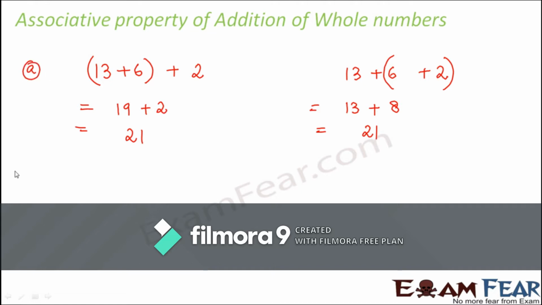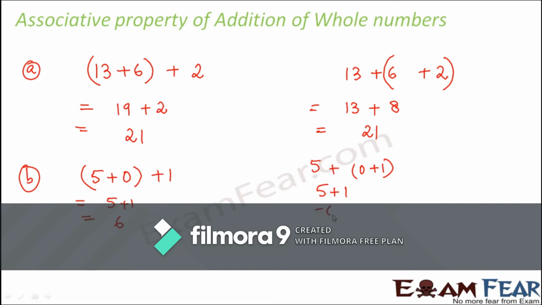Now, let us take one more example to verify this fact. Let's say we consider three numbers 5, 0 and 1. So the result here would be 5 plus 1, which is equal to 6. Now, if the same thing we perform in a little different way, what happens? In this case also, we see that the result is the same.